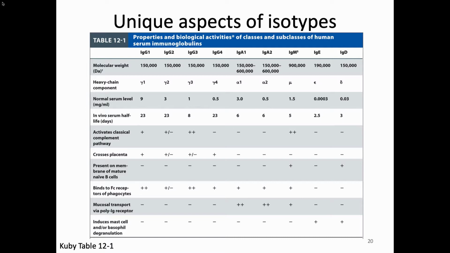And then you can see a whole bunch of different variables, or things that we could think about as being different between the isotypes. We're going to be focusing on the unique aspects of some of these isotypes, what makes them special.